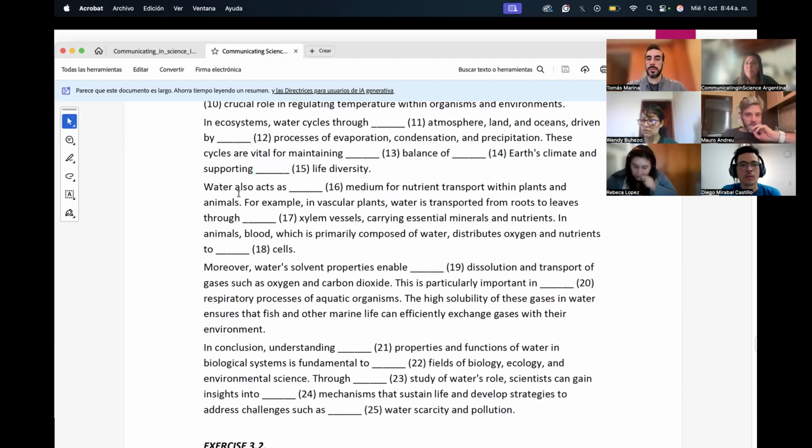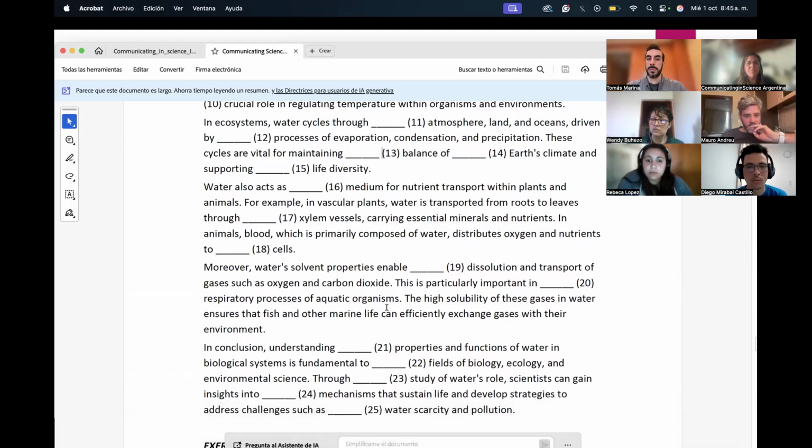Sorry, is it actually necessary? In number 12, I put zero by processes of evaporation, condensation, and precipitation. Yeah, you could put zero.